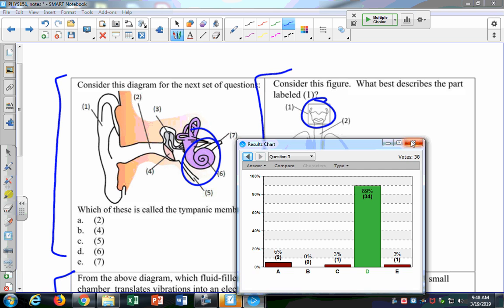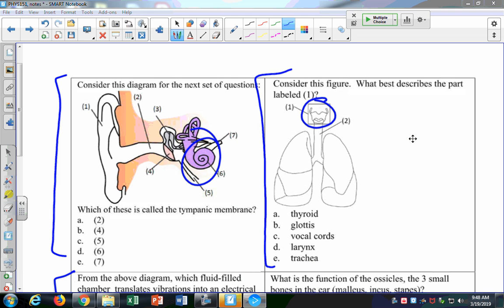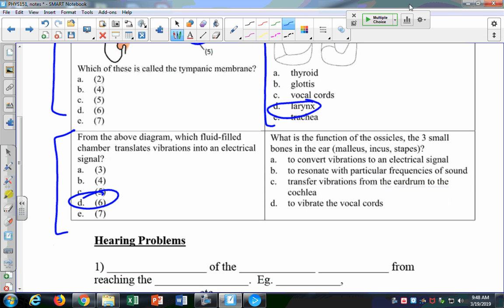Very good. D is right. That's called the larynx. You might have thought that it was vocal cords or glottis, both of which are in the larynx, but it's more appropriate to call that whole sort of box the larynx that protects and helps to move your vocal cords. And then what is the function of the 3 small bones in the ear?